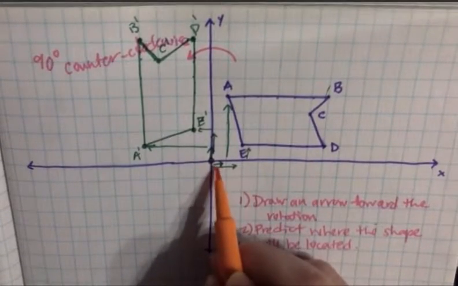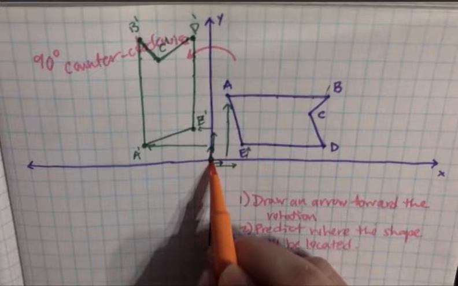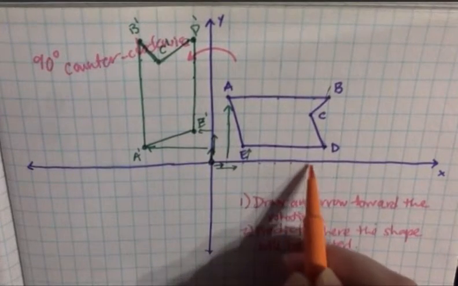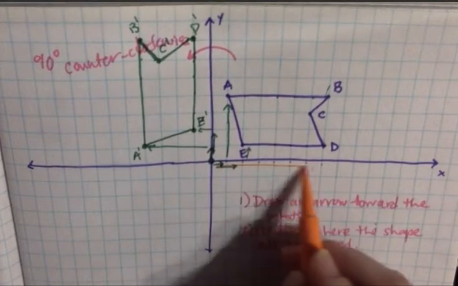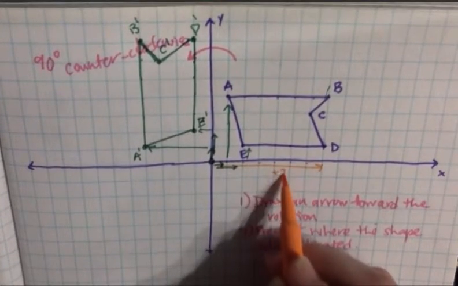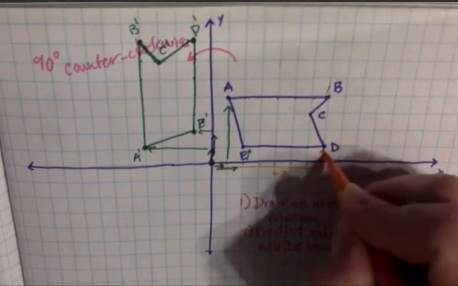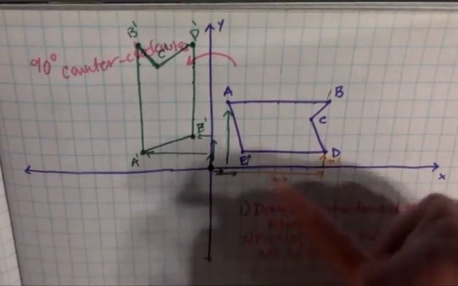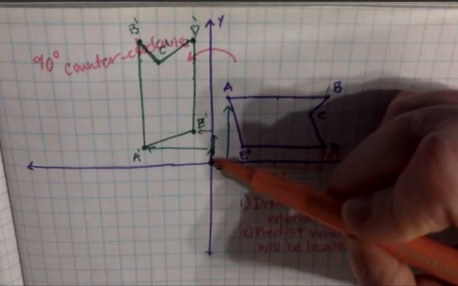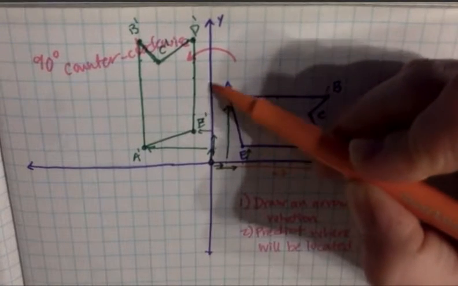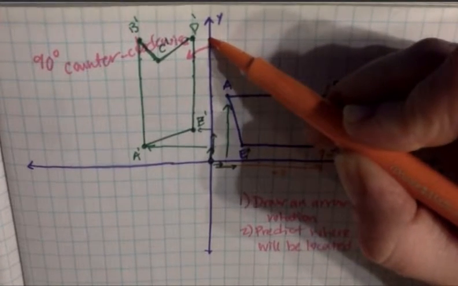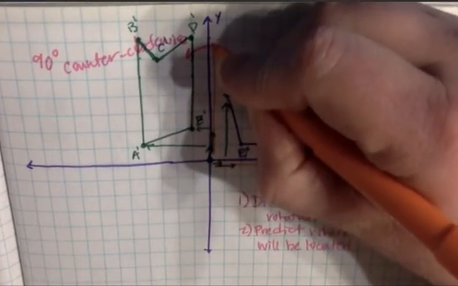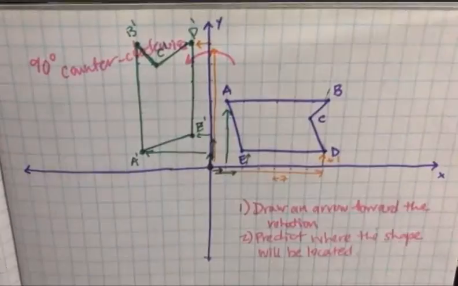So D, for example, went over from the center of rotation 1, 2, 3, 4, 5, 6, 7 units and up 1 unit. If I look at that same pattern, this time I'm going up 7 units, 1, 2, 3, 4, 5, 6, 7 units, and over to the left 1 unit to find this new point.